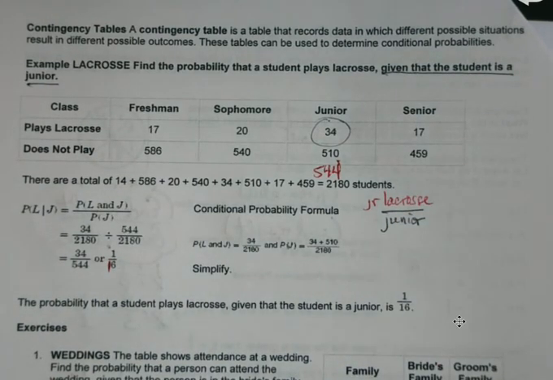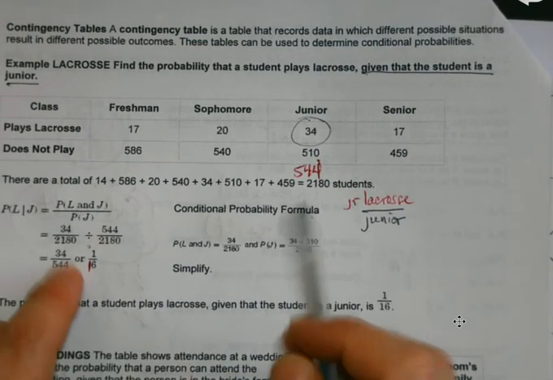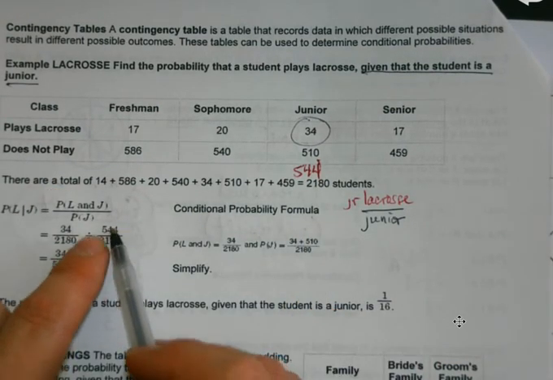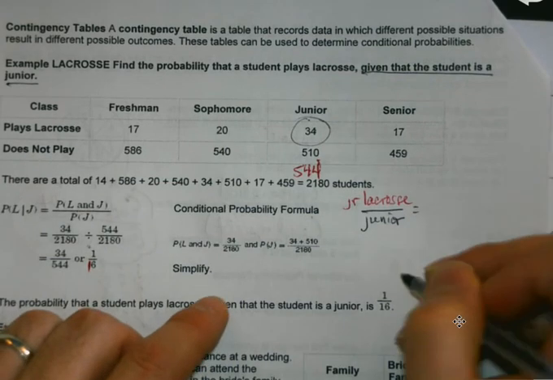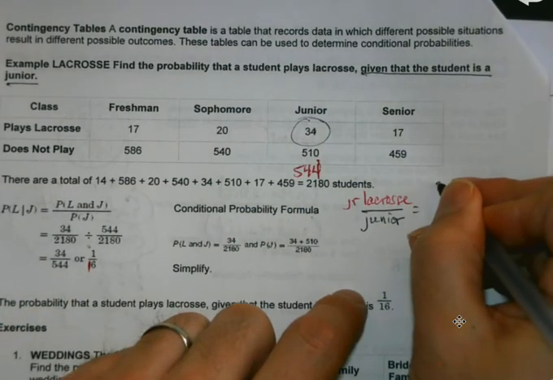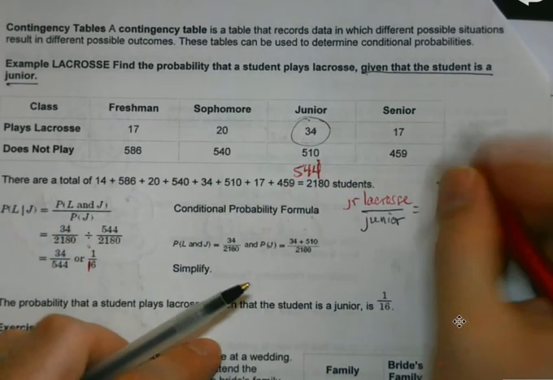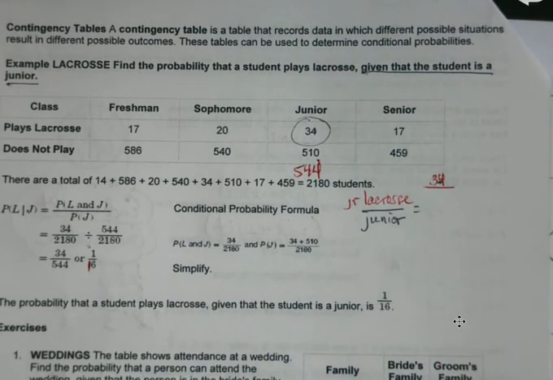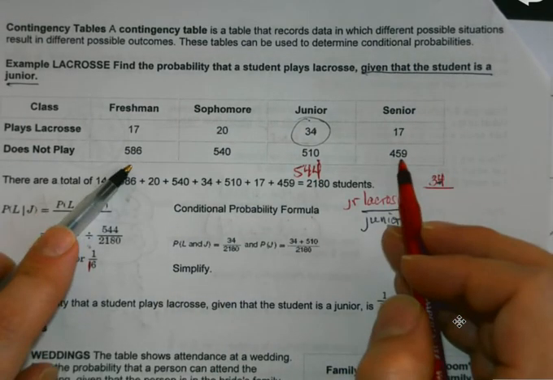But again, why do I want to go through this? Because now you're going, I'd have to do each one of those. Not only would I have to do junior lacrosse players, you do that over the grand total of all the students.